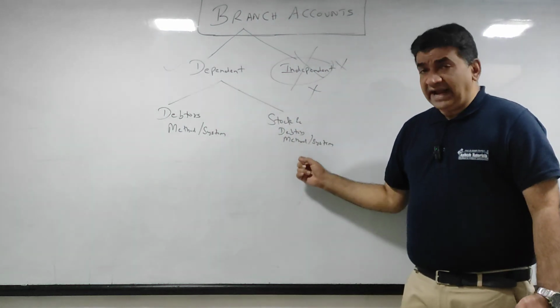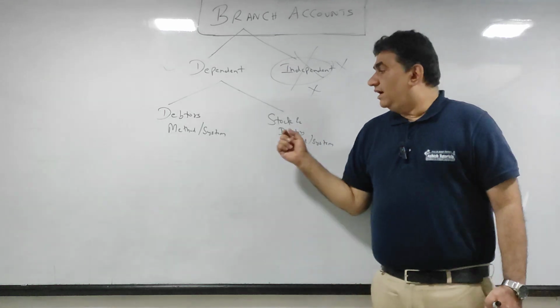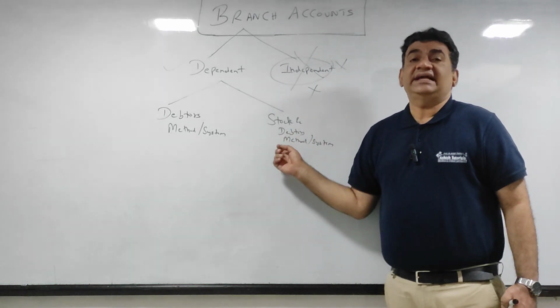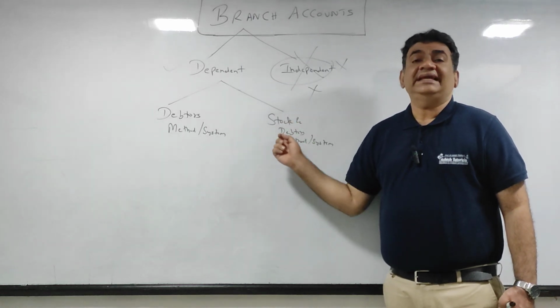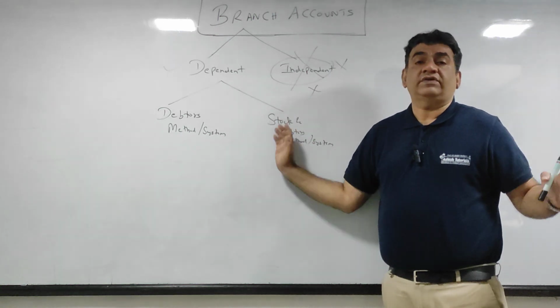And when I say Stock and Debtors, here, as I told you, in the Debtors method there is only one account. Here the accounting is done in detail. There will be more number of accounts.